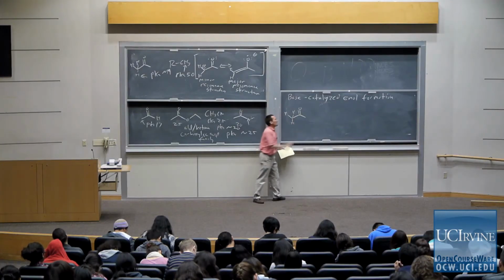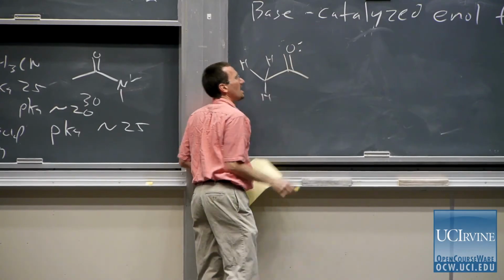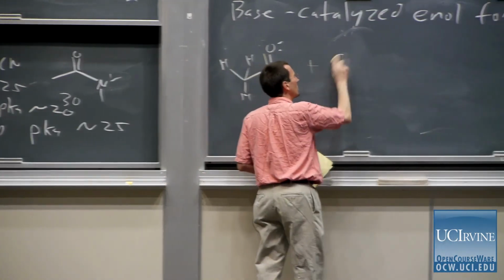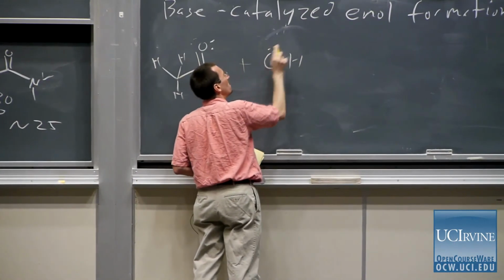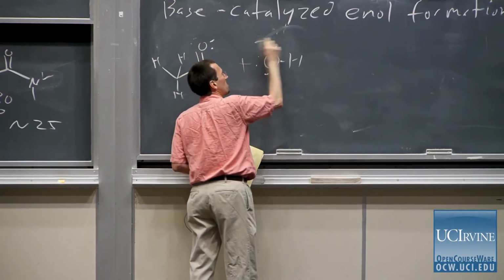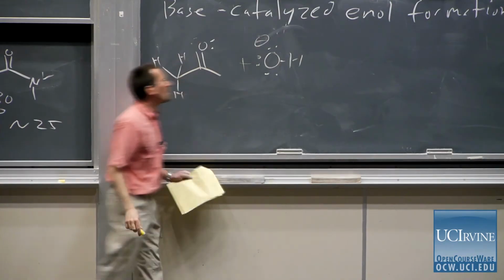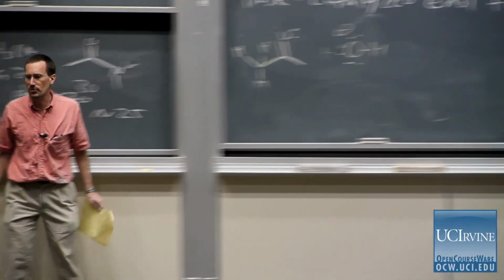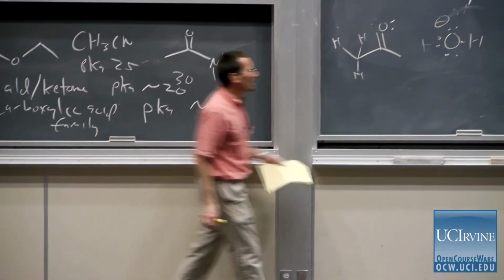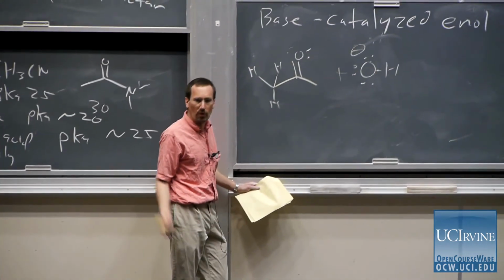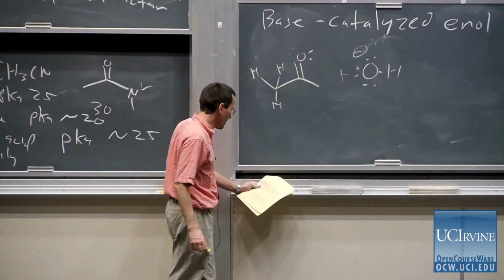And now let's envision hydroxide as a base. I could do this with alkoxide too, but some moderately strong base, not super, super strong. We'll talk about super, super strong in a moment. But something like hydroxide or an amine like triethylamine.